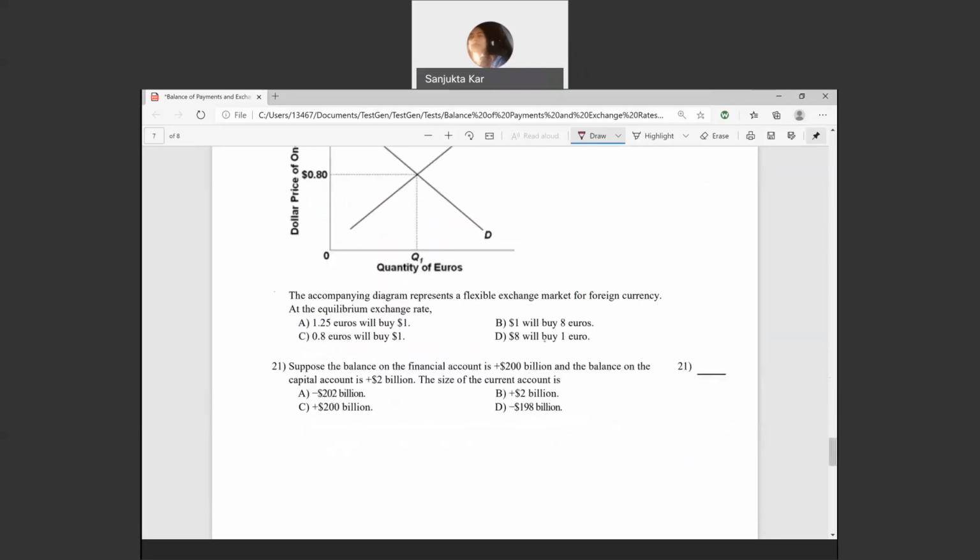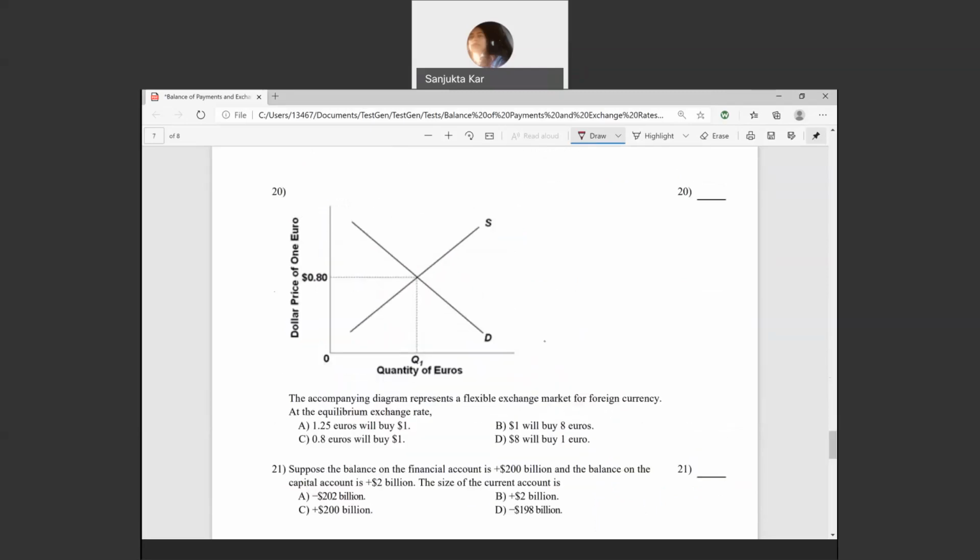Now question number 20 here. The accompanying market represents a flexible exchange rate market for foreign currency. At the equilibrium exchange rate, what happens? So we have quantity of euros on the horizontal axis and price of euros on the vertical axis.